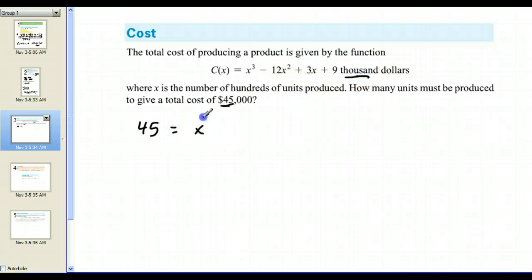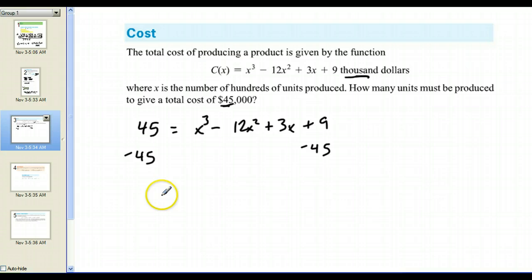So 45 equals x cubed minus 12x squared plus 3x plus 9. Okay, now what do we want to do? We want to set it equal to 0 and then factor it if we can.